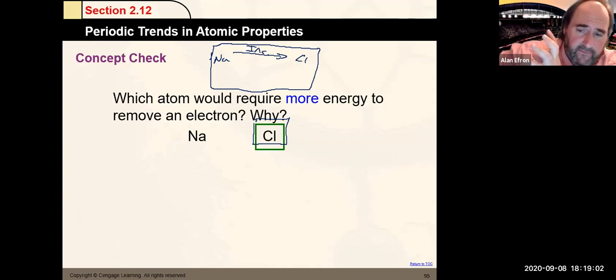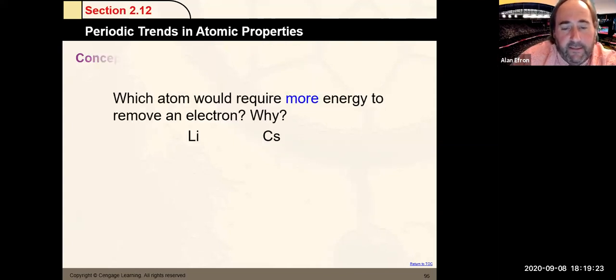Even the furthest out electrons are going to be closer to the nucleus and held tighter than if you go to the left, where atoms are a little bit larger in size because of less positive charge. So those outer electrons are a little further away and not held as tightly. So yes, chlorine should be the one that requires more energy.